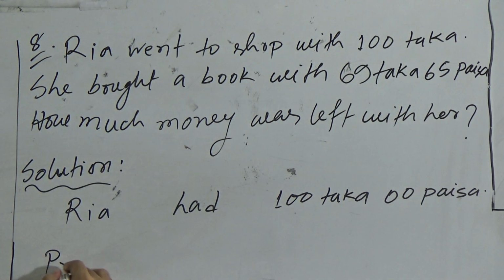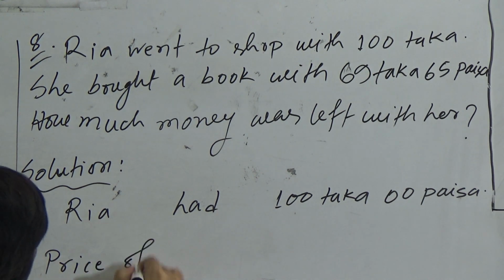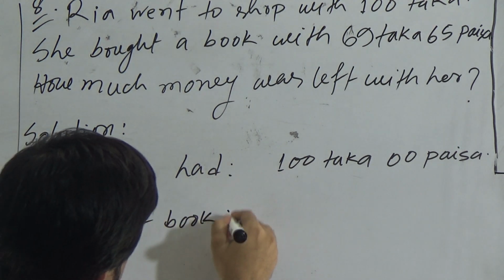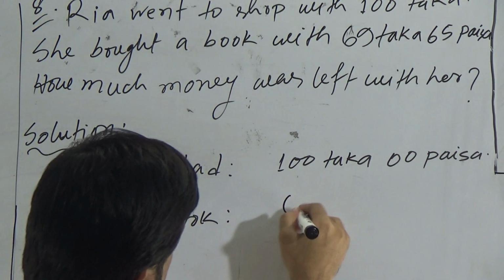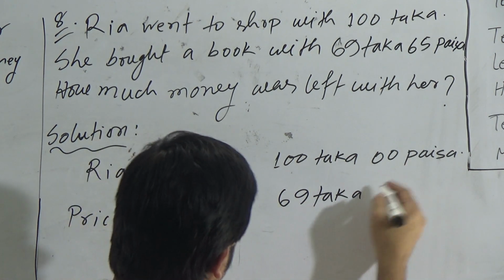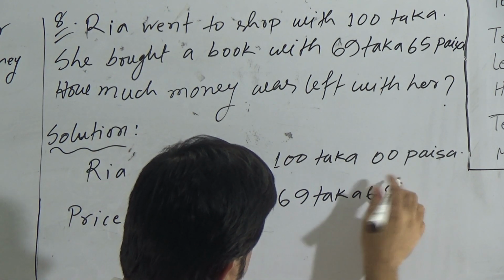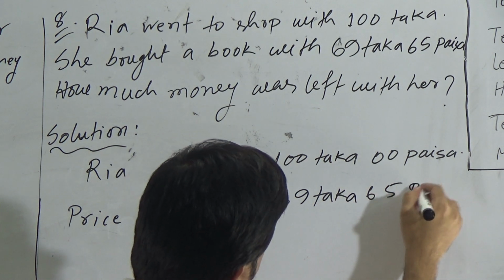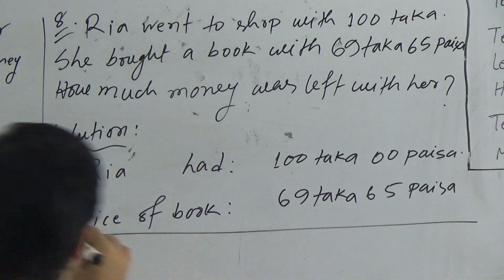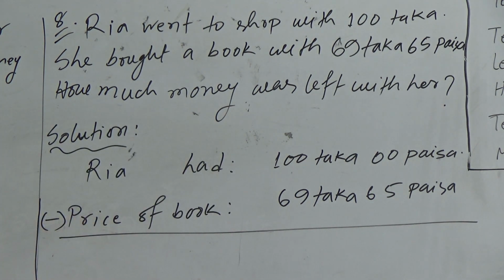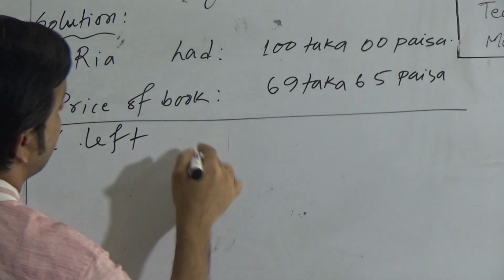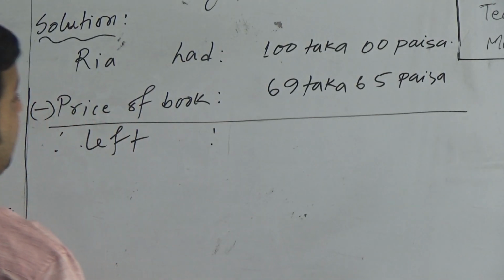Price of book, that is 69 taka 65 paisa. Now we have to subtract. If we subtract, we will get the required answer. It means that therefore left. If we subtract, we will get the remaining money.